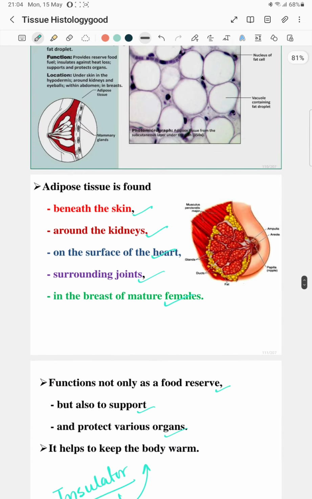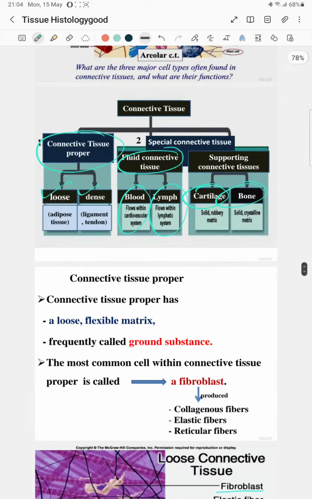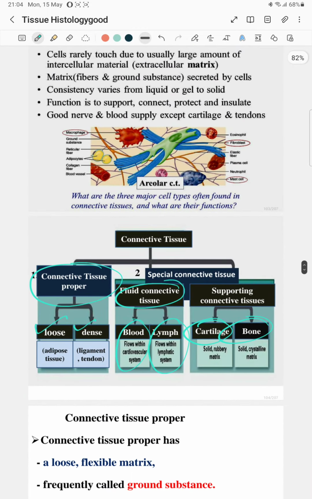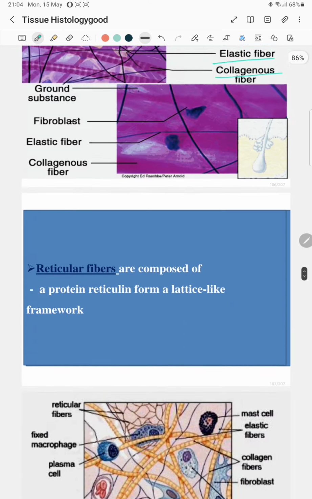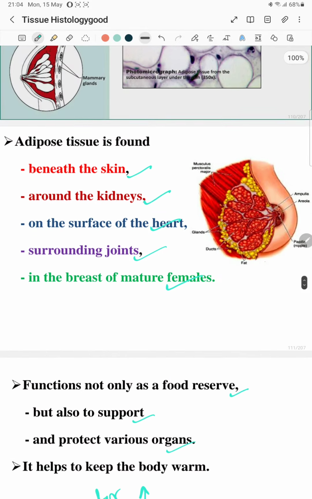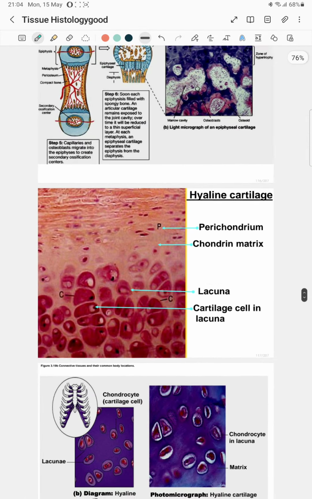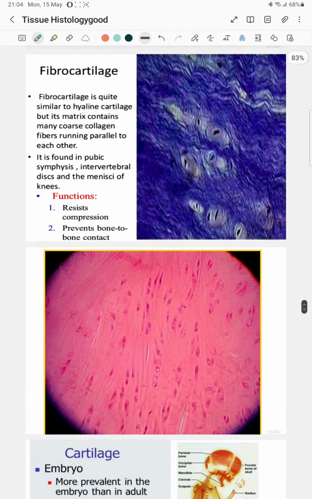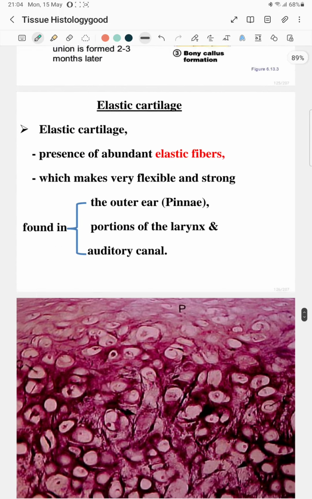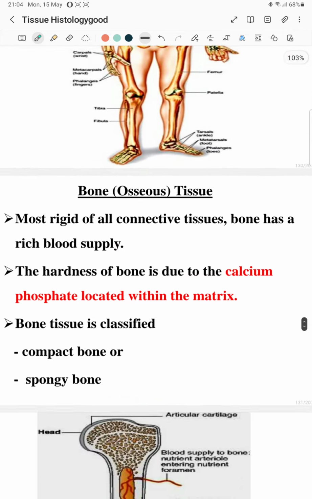And what are the types of tissues we have? Let us check again. We have the adipose tissues we have discussed. We have dense connective tissues. What are the dense connective tissues?